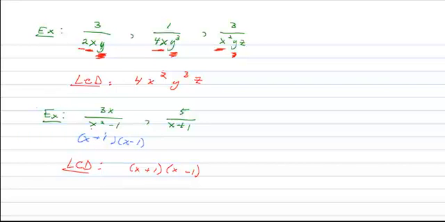Well, x plus 1 occurs as a factor once in the first denominator and once in the second, so the most it ever occurs is once. So I only need one factor of x plus 1. X minus 1 occurs as a factor once in the first denominator, and it doesn't occur at all in the second. So the most it occurs is once, so that's all I need. So this is my LCD.